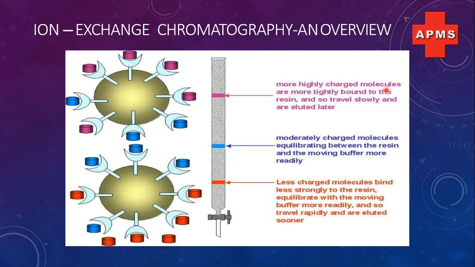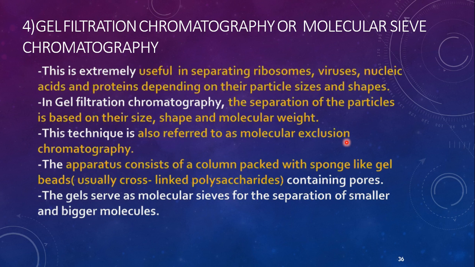So it contains more charge, so it will be tightly bound to the resin or stationary phase, so it will travel slower, and this has very little charge compared to these both, and it binds very little with the resin, so it is moving fast with the mobile phase. And this is moderately charged, meaning the quantity of charge is in between these both, so it is traveling in the middle of these two components. So this is a simple diagrammatic view of how sample components separate in ion exchange chromatography.